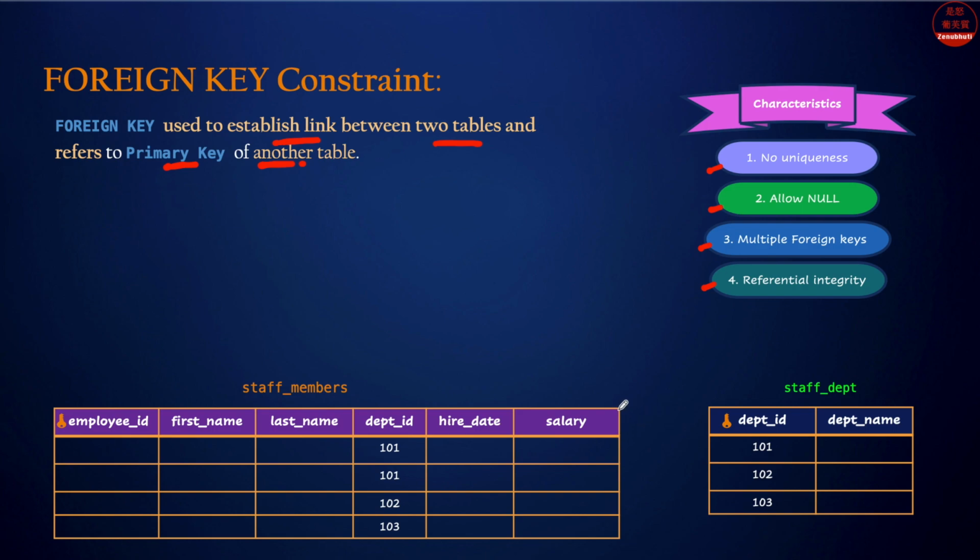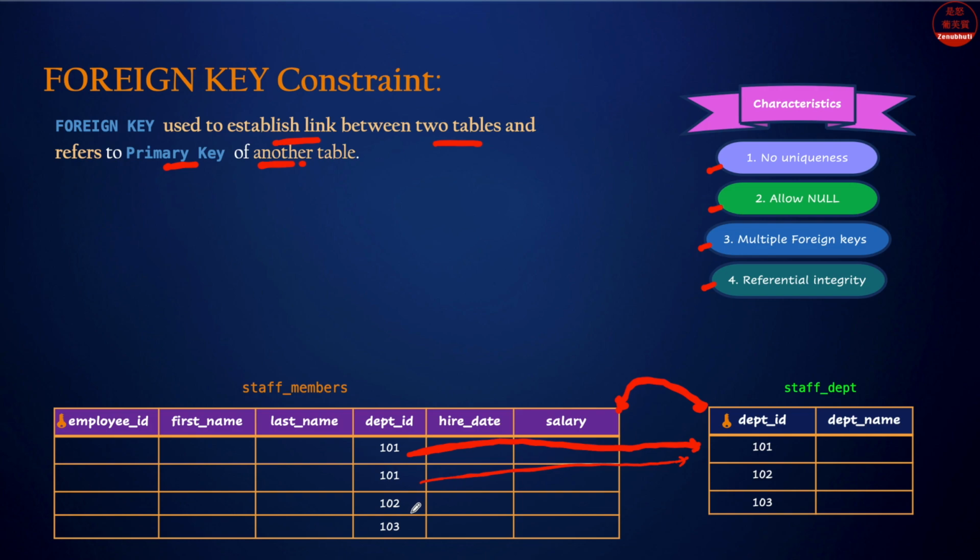So referential integrity ensures that the connection between these two tables is correct and accurate, so that a record in the first table links to a valid record of another table.